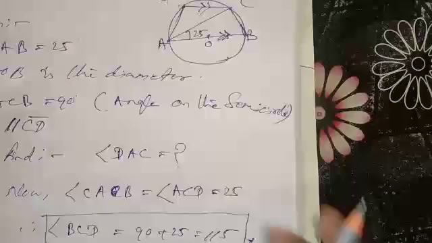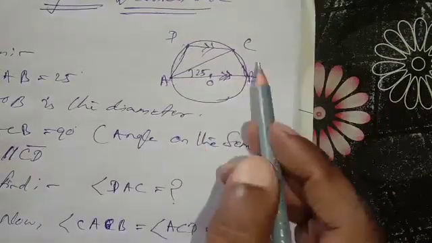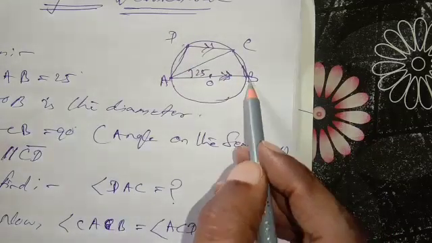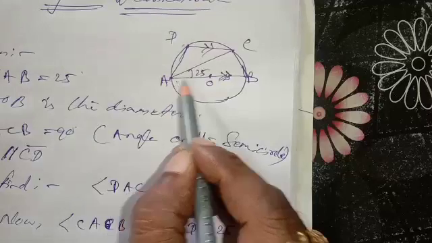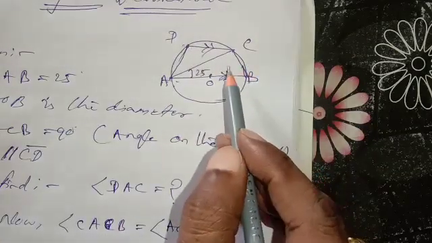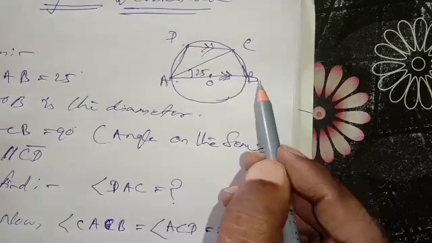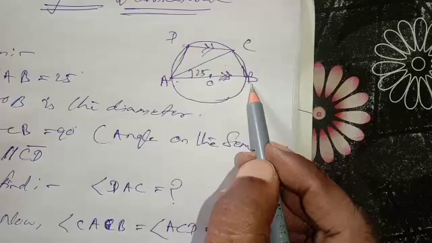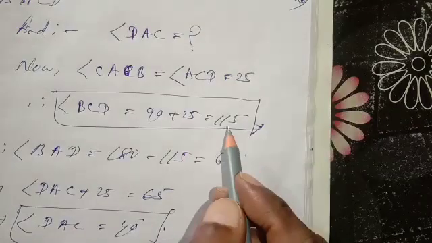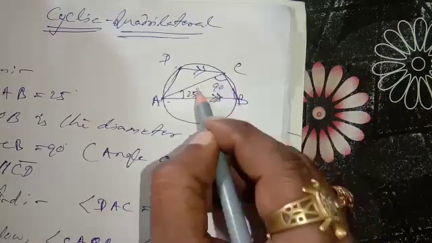Let me look at the figure. BAD plus BCD equal to how much? 180 degrees. The sum of the opposite angles of a cyclic quadrilateral is 180 degrees. Angle BCD: this angle is 90 degrees, angle on the semicircle, and this is 25.